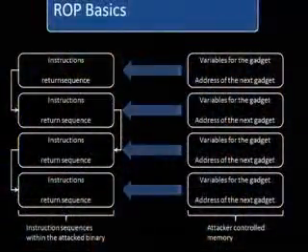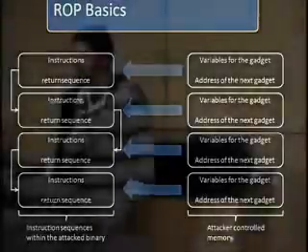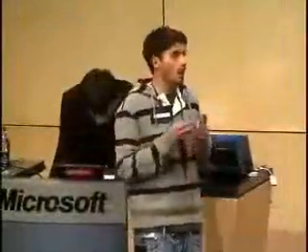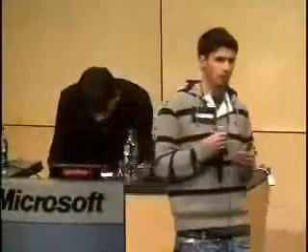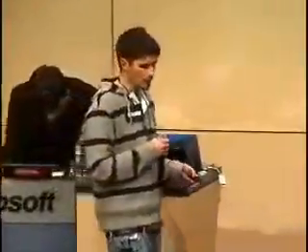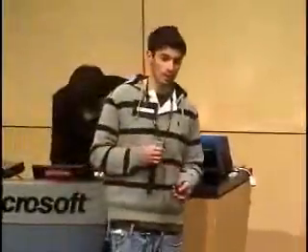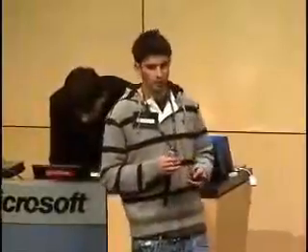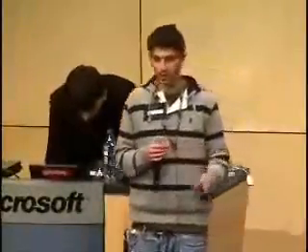So I'm not sure how many of you actually know how a return-oriented programming payload should work. So I'm going to try to do a ROP 101. The main thing that you need to have with a return-oriented programming payload is to make sure that the stack pointer points to some data controlled by the attacker.